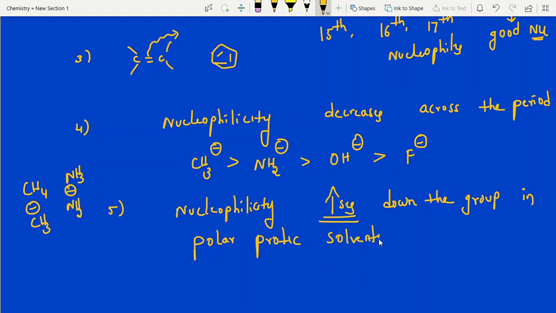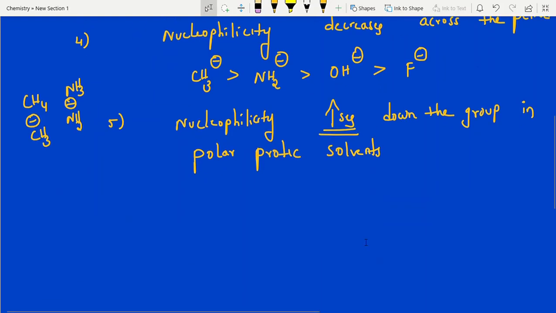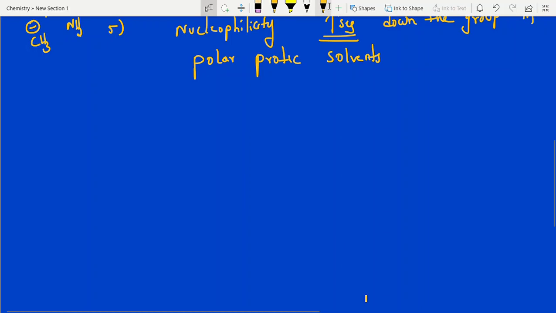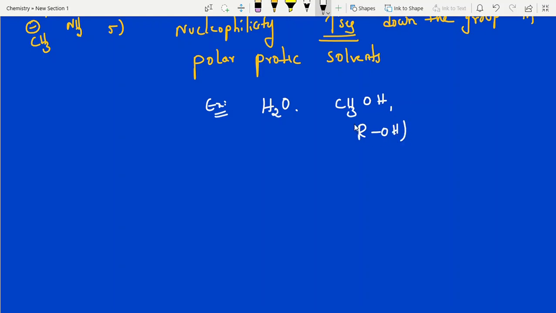So let me spend time here. Polar protic means it has polarity. If you take examples like water, methyl alcohol, any alcohol, generally alcohols.